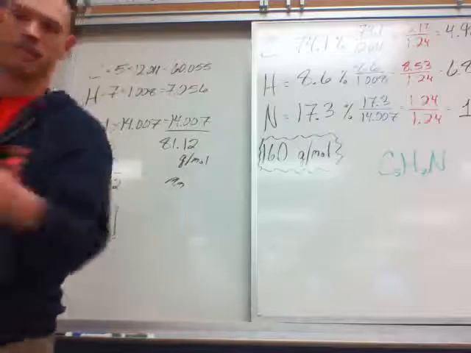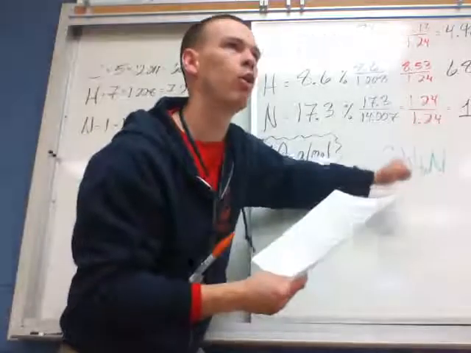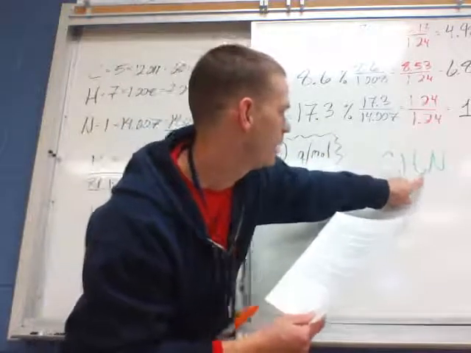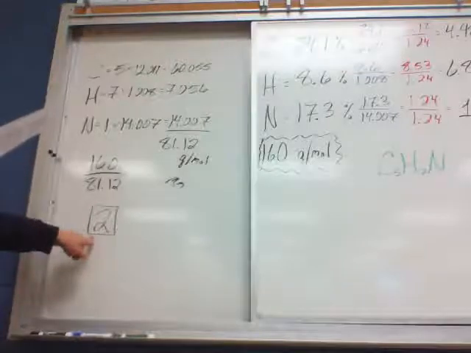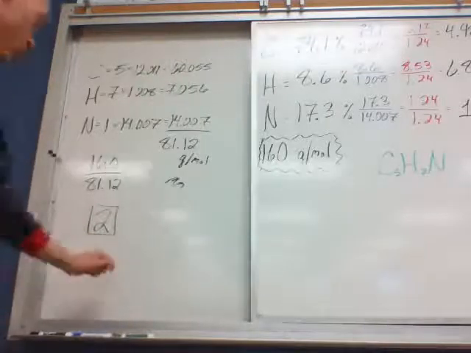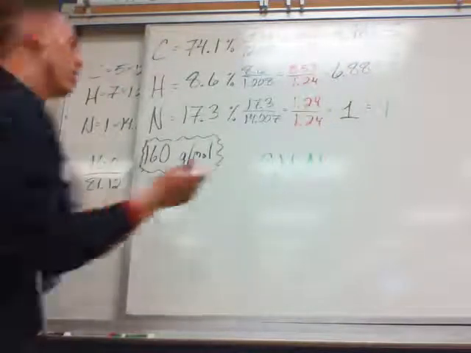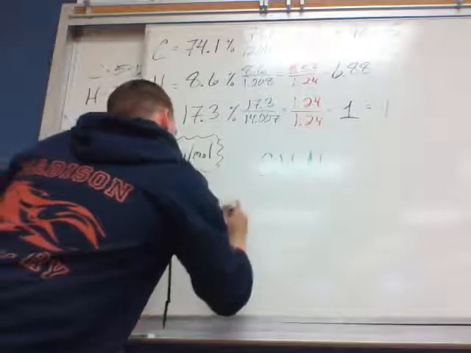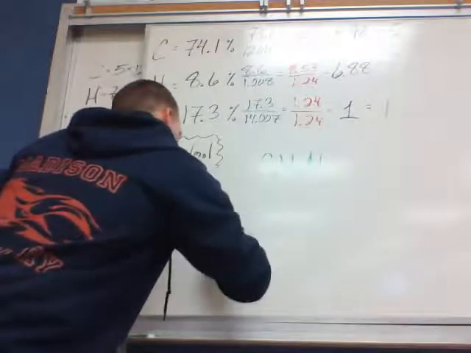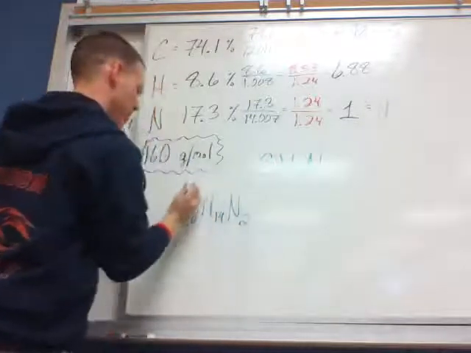The last step says multiply every subscript in the empirical formula. Multiply every subscript by that number. And you're done. When I multiply these subscripts by 2, it becomes C10H14N2.